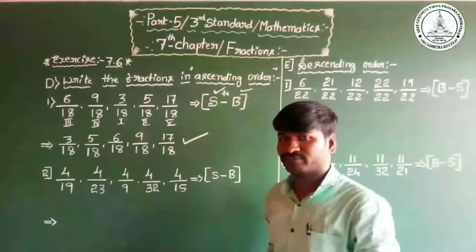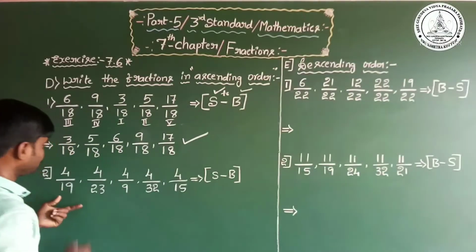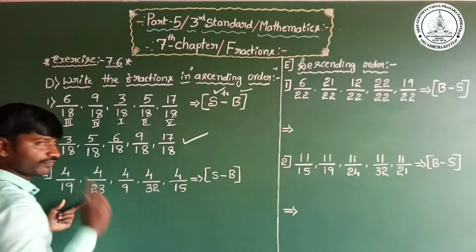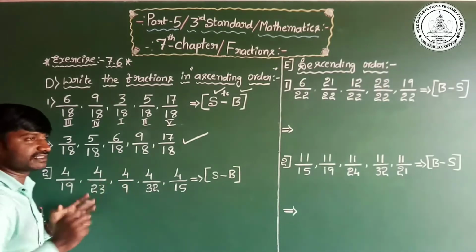Okay, shall we move to the second one? Have you understood? The next, the second one, has the same numerators. See, 4, 4, 4, 4, 4. The denominators change. Here the numerator is the same.